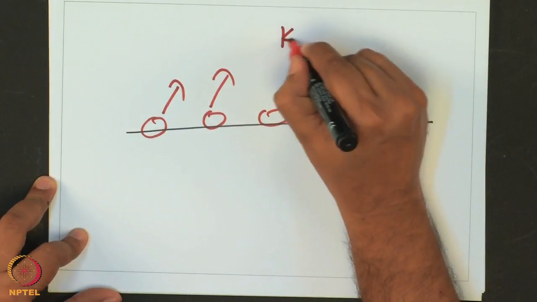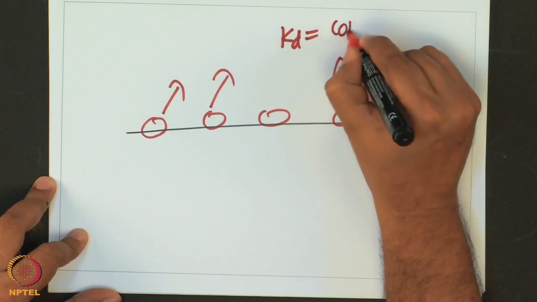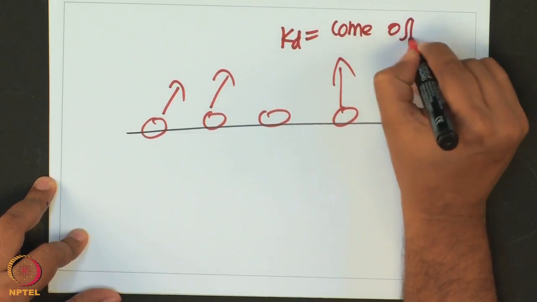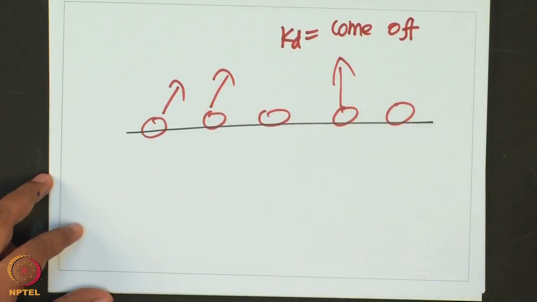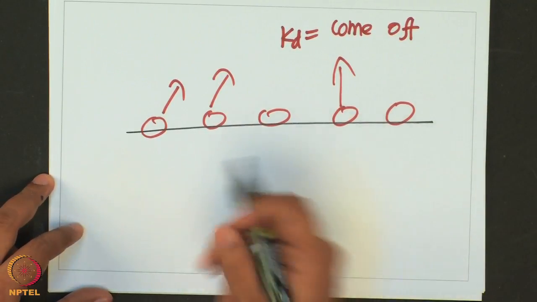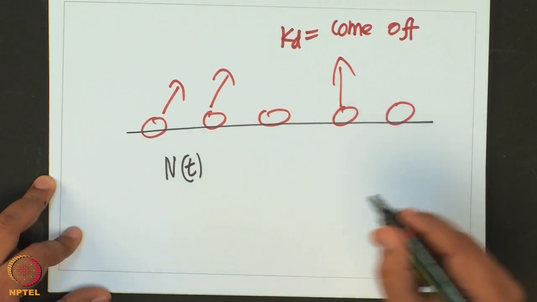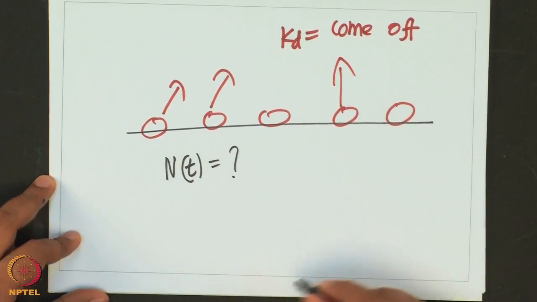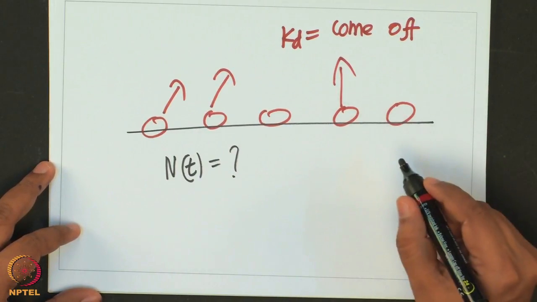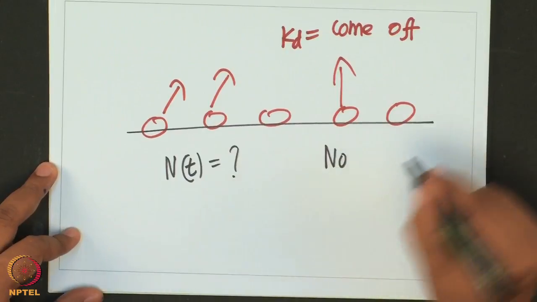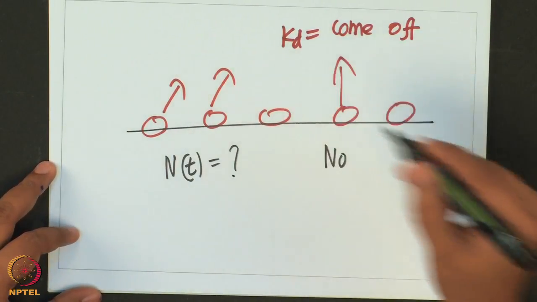So proteins would come off from the DNA with some rate kd. If that happens, we want to calculate the number of proteins bound on the DNA at any time t. What is the number of proteins bound on this DNA at any time t? If I have n0 number to start with and they are all going to come off with some rate kd.